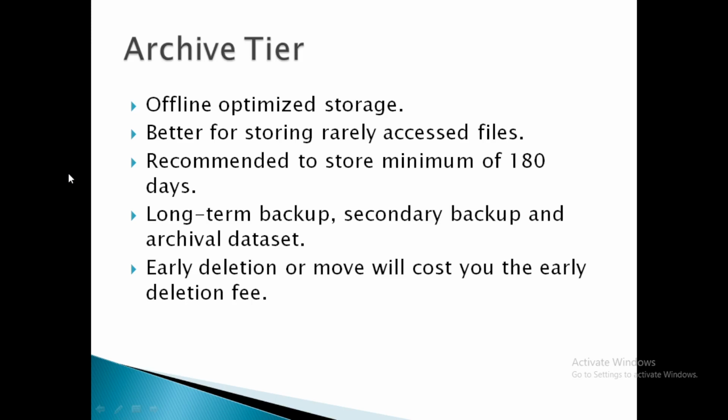It is recommended to store files for a minimum of 180 days. It is used for long term backup, secondary backup, and archival datasets. Basically this type of tier is used for keeping backup files.